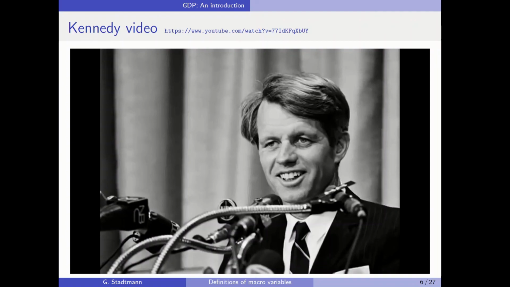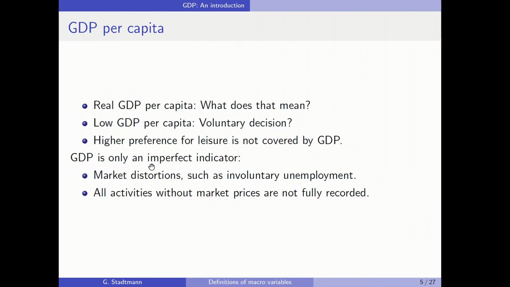Well, in the Kennedy video, we saw a lot of different examples of why the GDP is only an imperfect indicator of the well-being of a society. So Kennedy seems to be pretty pessimistic when it comes to whether we should measure the well-being of a society by using GDP.